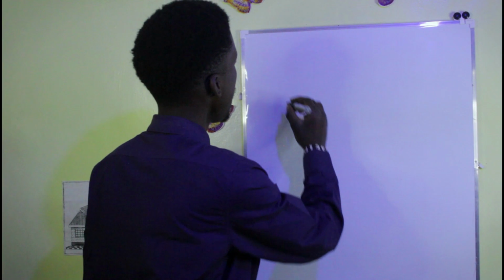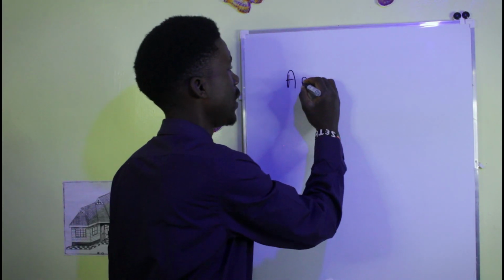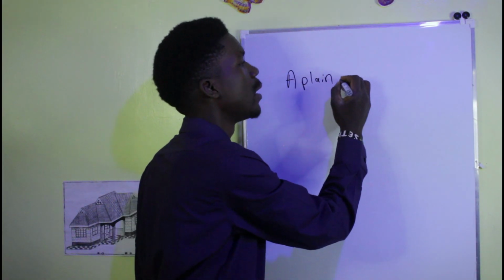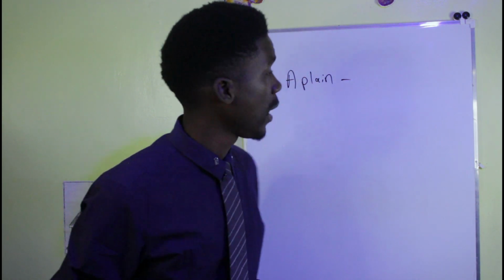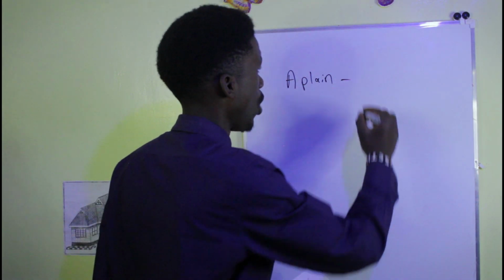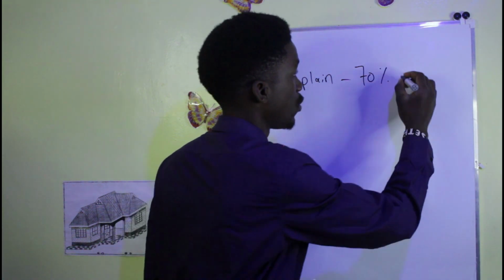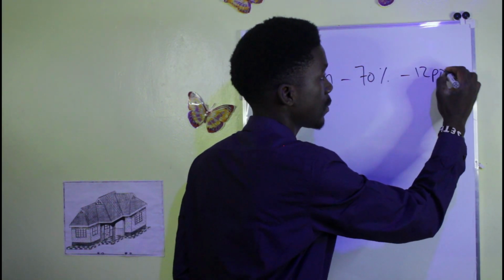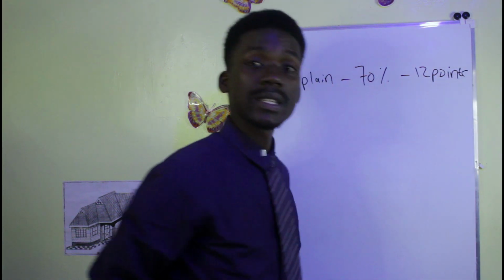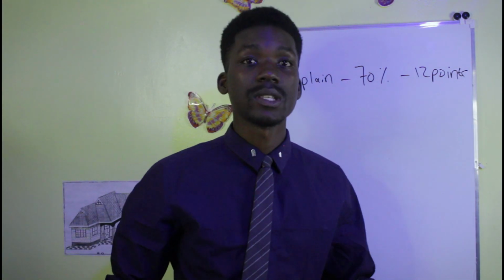To get an A plane in mathematics, you are only required to score a minimum of 70%, which is equivalent to 12 points. Getting 70% is so easy.